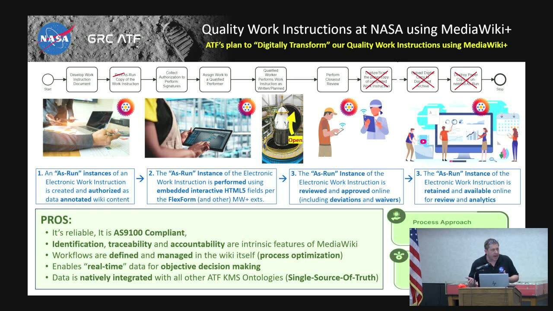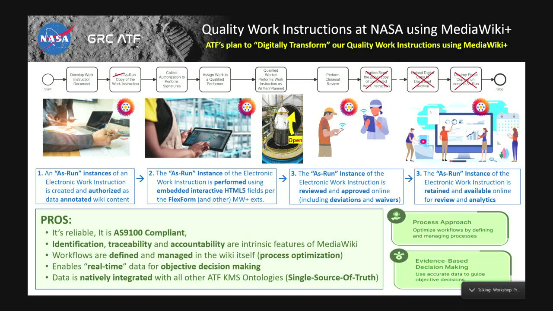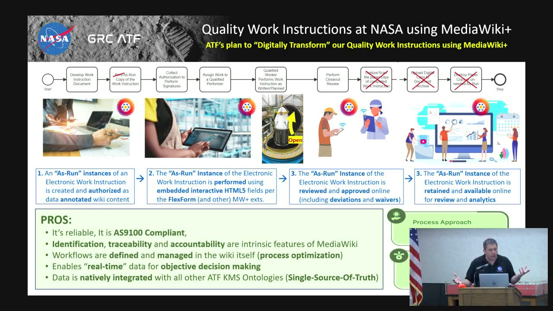Take electronic, Wi-Fi enabled tablets into the field, and perform these work instructions within the MediaWiki environment, and even do the review, the quality check on them. Ultimately when the work is done, the knowledge management is done. So when the procedure is complete, all of the signatures are in place electronically. The as-run instance of the work instruction is where it needs to be. There is no fourth activity that has to be performed. You just move on to the next task.